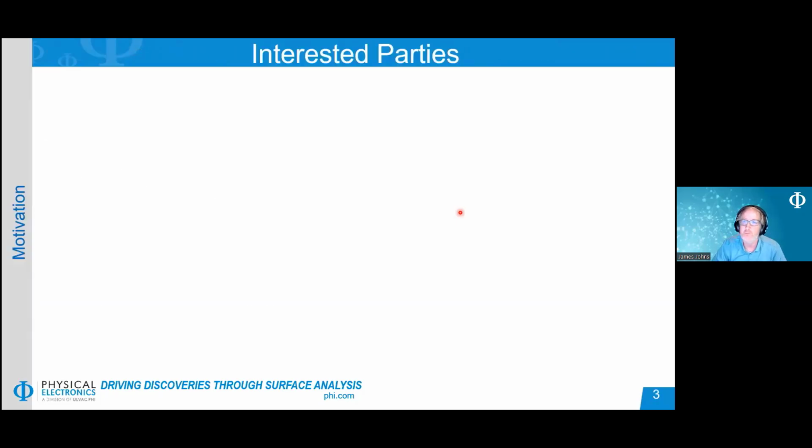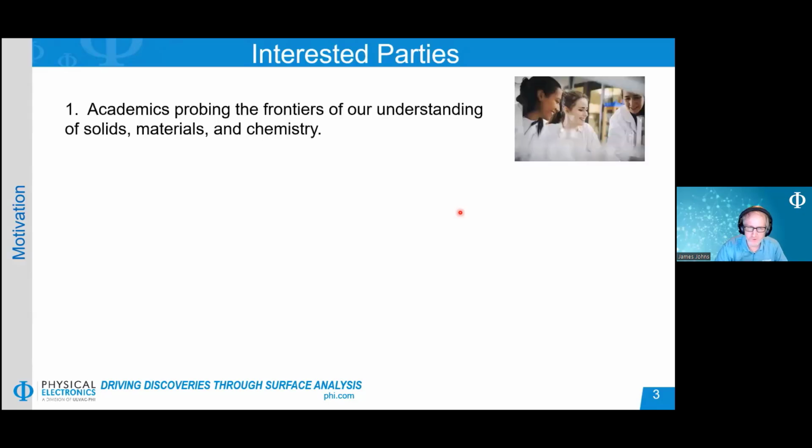Okay, so who is interested in this information that you can get from inverse photoemission, UPS, and REELS? Well, the first is people that are doing fundamental science. I wrote academics, but it could be a company looking for fundamental science as well. Typically, these individuals are pushing the bounds of knowledge that we have about materials.